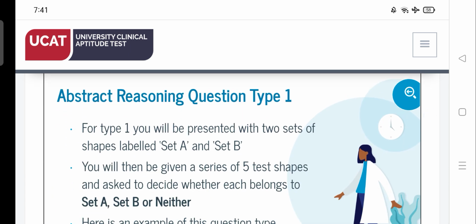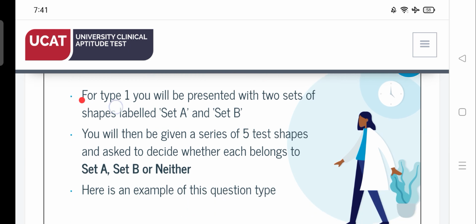So first we have abstract reasoning question type 1. They don't have any specific name, we will just say type 1, type 2. So for type 1, you will be presented with 2 sets of shapes labeled set A and set B. So 2 sets of shapes will be provided to you, and each set has a name, set A and set B, in the form of a question.